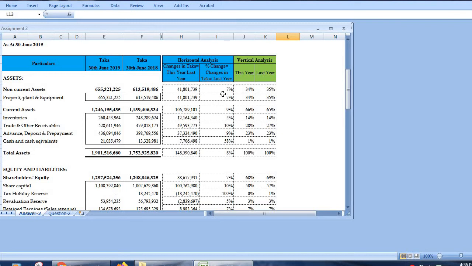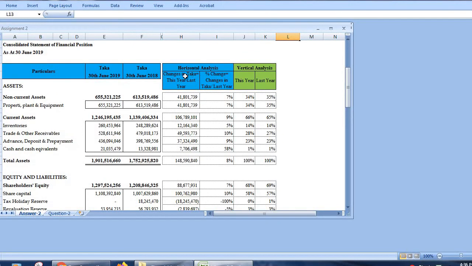In horizontal analysis, the formula is: change in taka equals this year minus last year, and percentage change equals change in taka divided by last year.